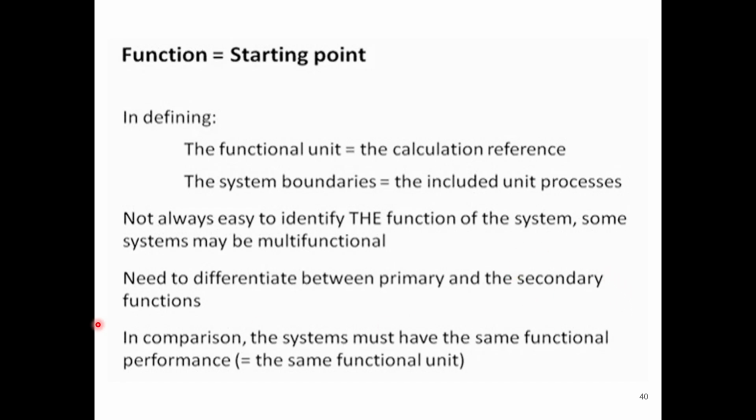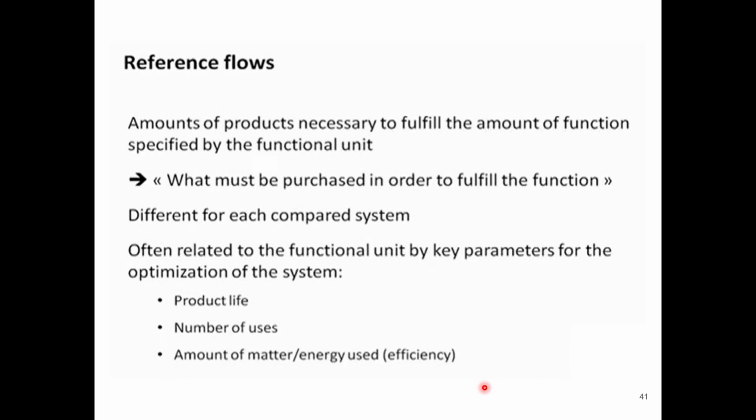The secondary purpose, as we discussed, can be heating or ambience, which is not that important. The main specific purpose is the primary goal. And in comparison, the systems must have the same functional performance, that is the same functional unit, and only then will we be able to carry out the LCA. We have to take the same functional performance and same reference, only then can we calculate. Otherwise the results will not be correct.